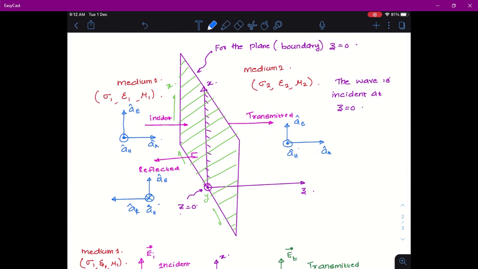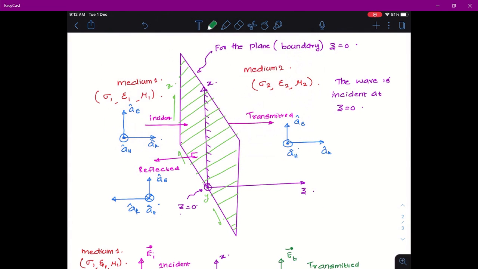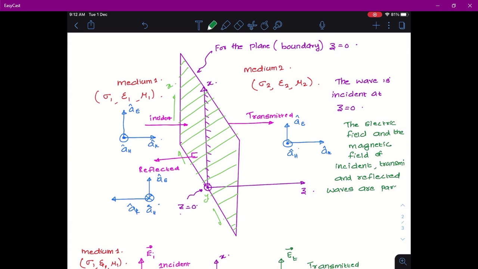Whether it is transmitted or reflected or incident, whatever be the case, I'll state that the electric field and the magnetic field of incident, transmitted and reflected waves are parallel to the boundary.